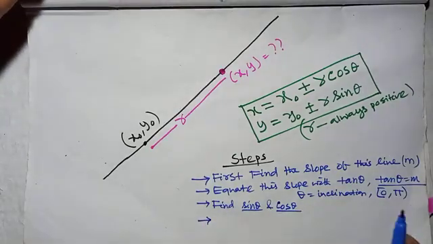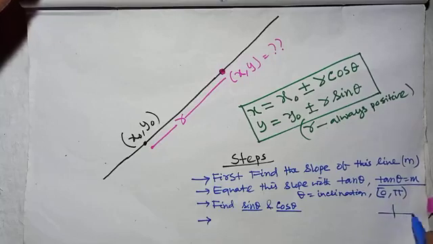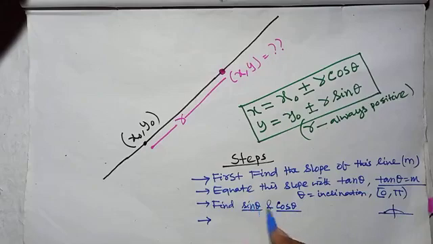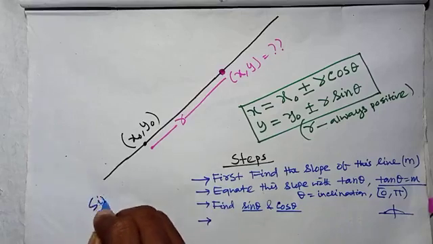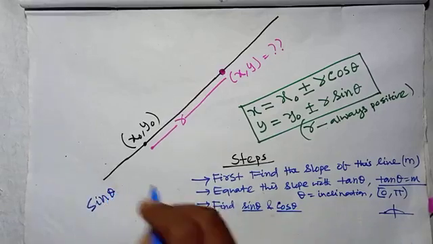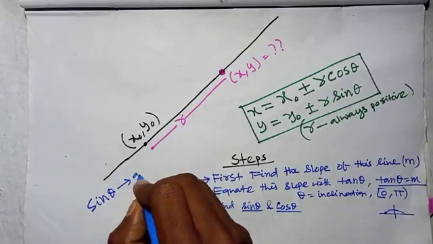Since theta belongs to 0 to pi, that is, the first and second quadrant only, sin theta is always positive, but cos theta can be positive or negative.